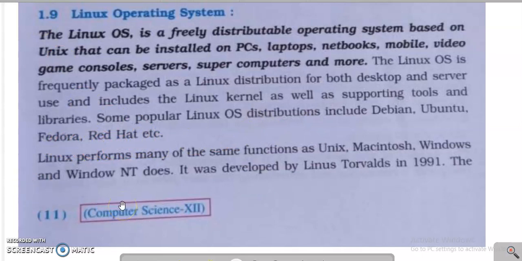Linux performs many of the same functions as Unix, Macintosh, Windows, and Windows NT do. So though it is free, it has got all the features of the other operating systems which are paid, such as Unix, Macintosh, or your Apple computers, Windows and Windows NT. It was developed by Linus Torvalds in 1991.